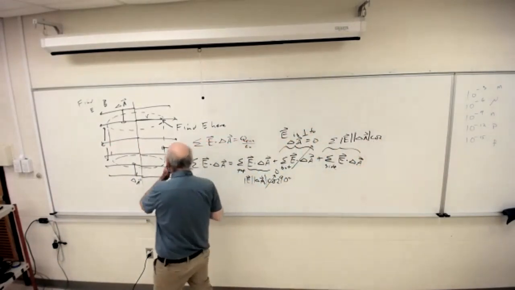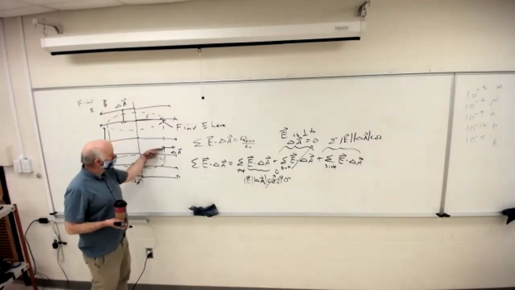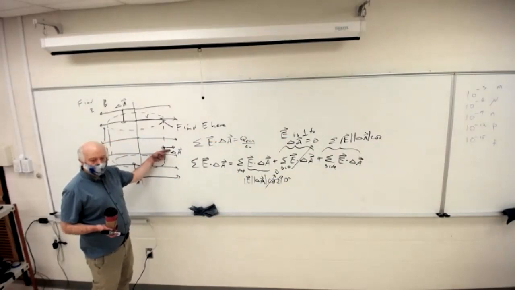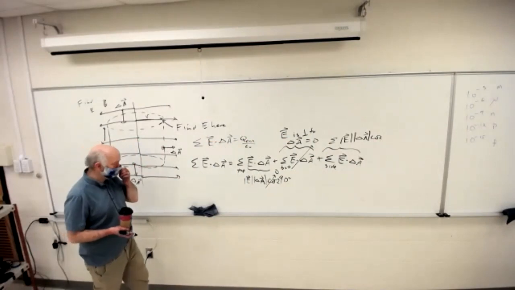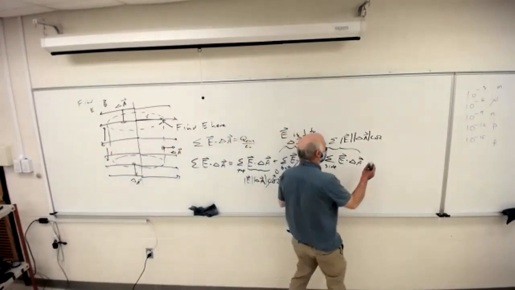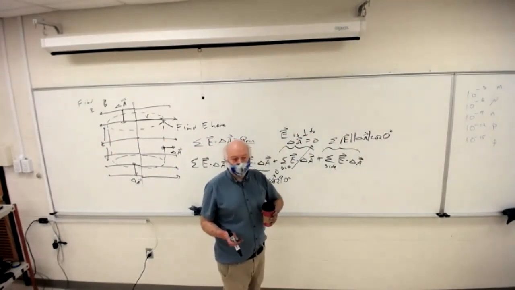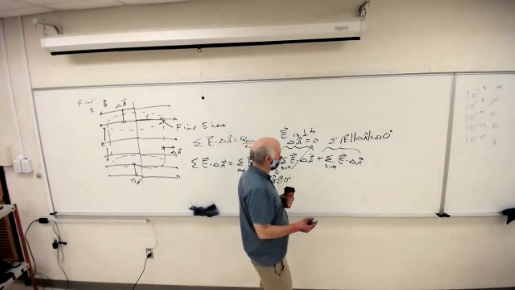If we look right here, what is the angle between the E and the delta A here? What angle do they make with each other? 0. What is the cosine of 0? 1.